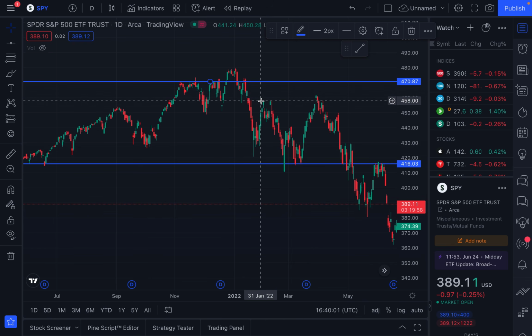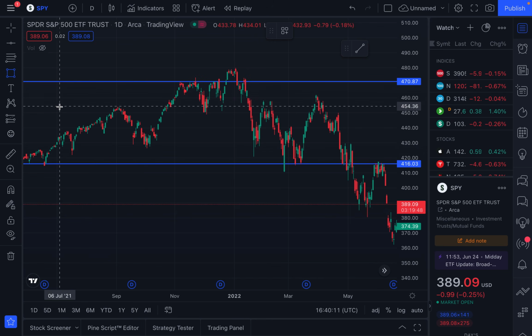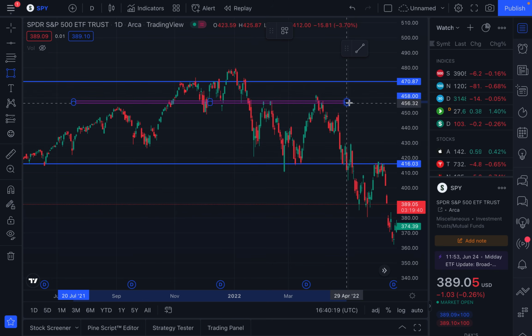What people sometimes use is a rectangle here to create a zone rather than a line, okay? So what this would look like is something like this, where you want to try to get as many of these touches as possible. Now you don't want to make this too wide, but something like this, okay?